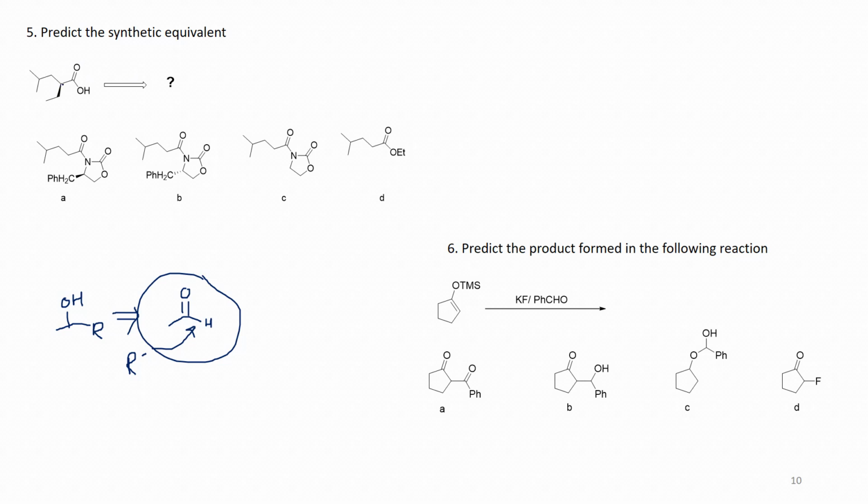Now you can see from the options that only ketones are given. This group is not given. So the synthetic equivalent is such that there is a ketone, and after a reaction like enol formation, you incorporate this group.